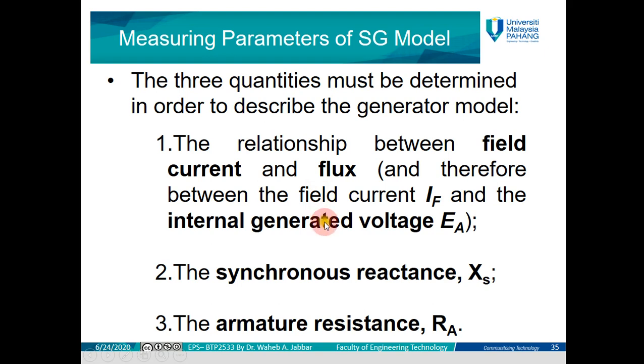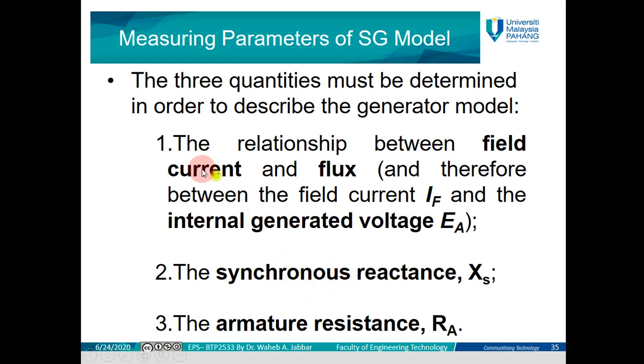For the synchronous generator, we said it has some components that need to be calculated, like the armature resistance, the synchronous reactance, and also the value of E_A, the internal voltage or induced voltage of the armature.